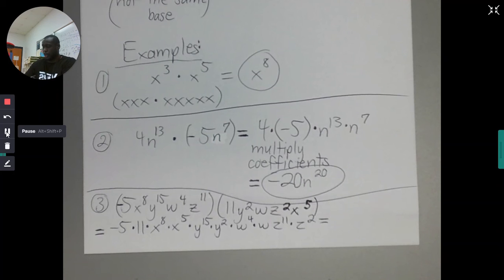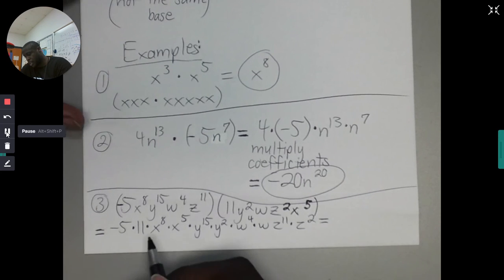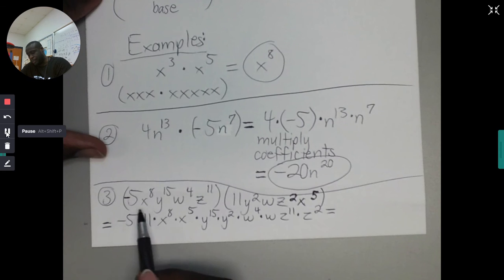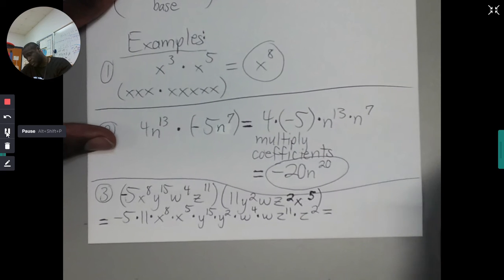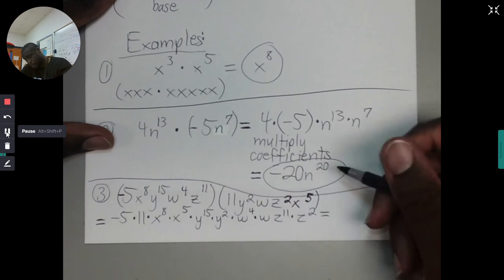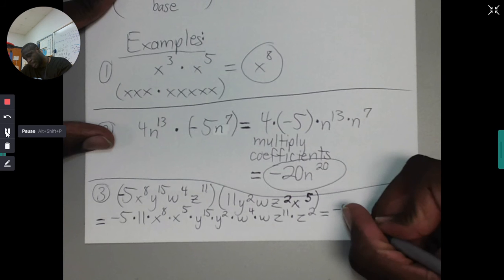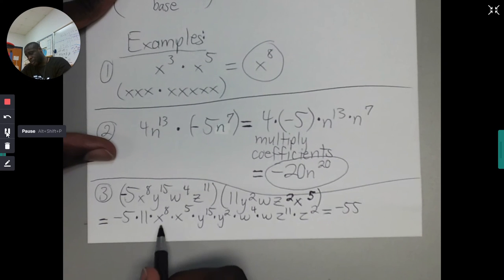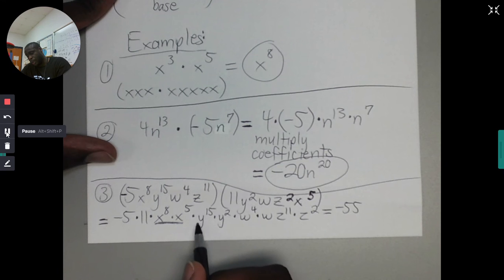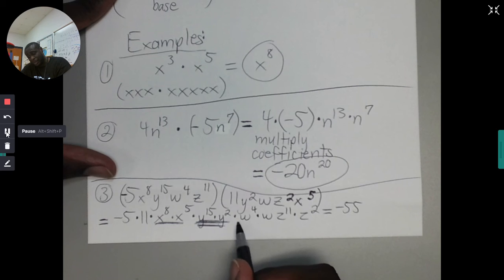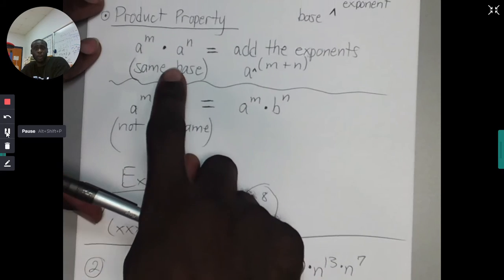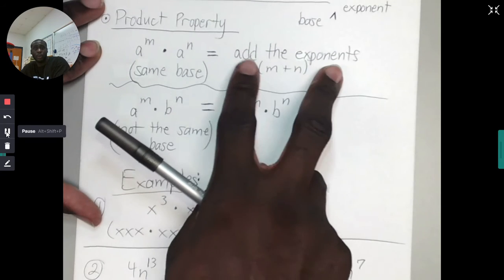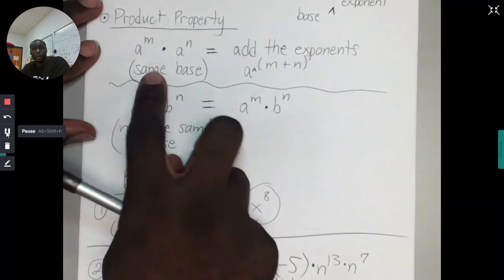Okay, so again, you multiply your coefficients, the -5 and the 11. That's -55, and then you do what you need to do with the ones that have the same base, right? Because this property works like this, where you add the exponents. It only works when you have the same base.